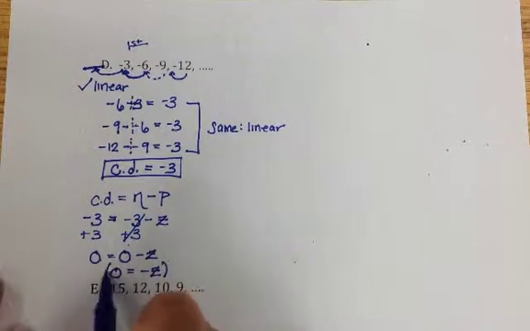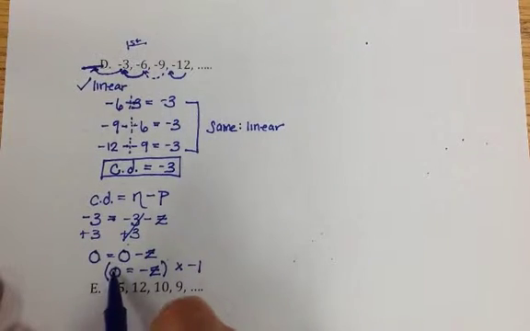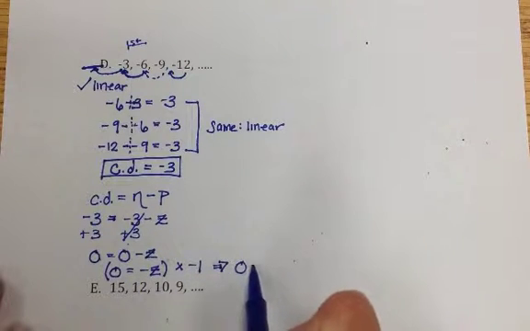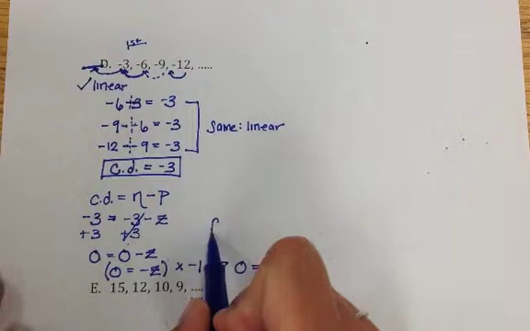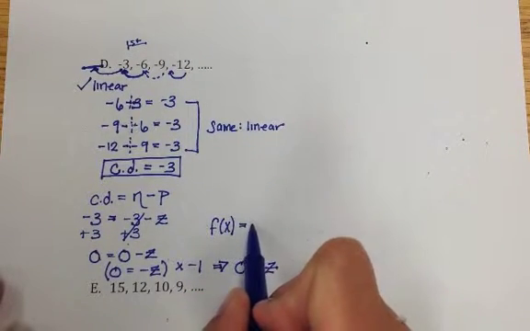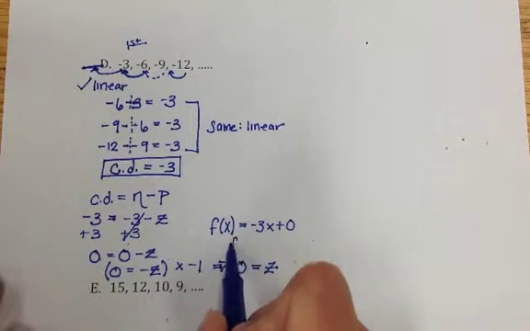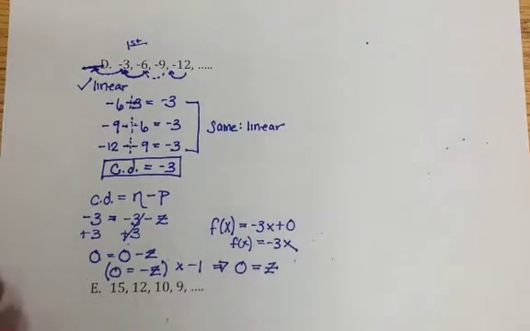Again, we want the positive of it, so we're going to times everything by negative 1, and 0 times negative 1 would be 0, and negative z times negative 1 would be positive z. So our equation would be f of x equaling negative 3x plus 0, or f of x equals negative 3x.